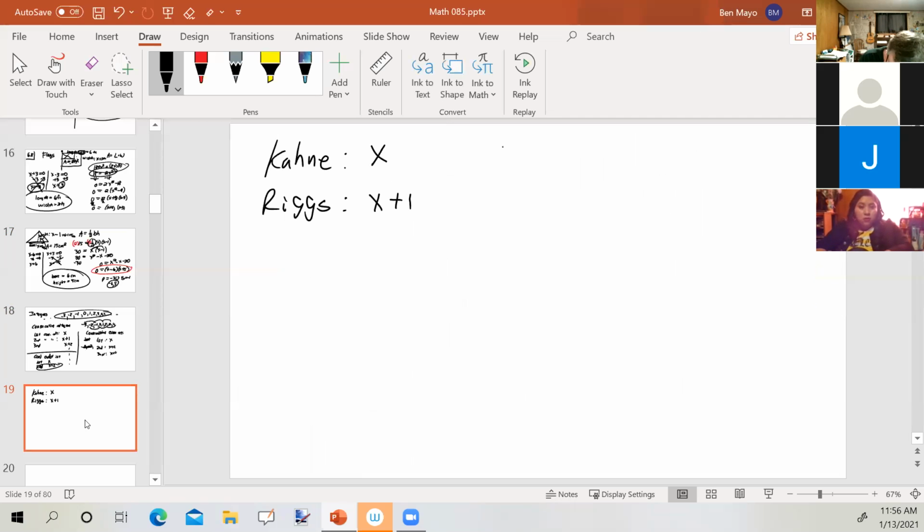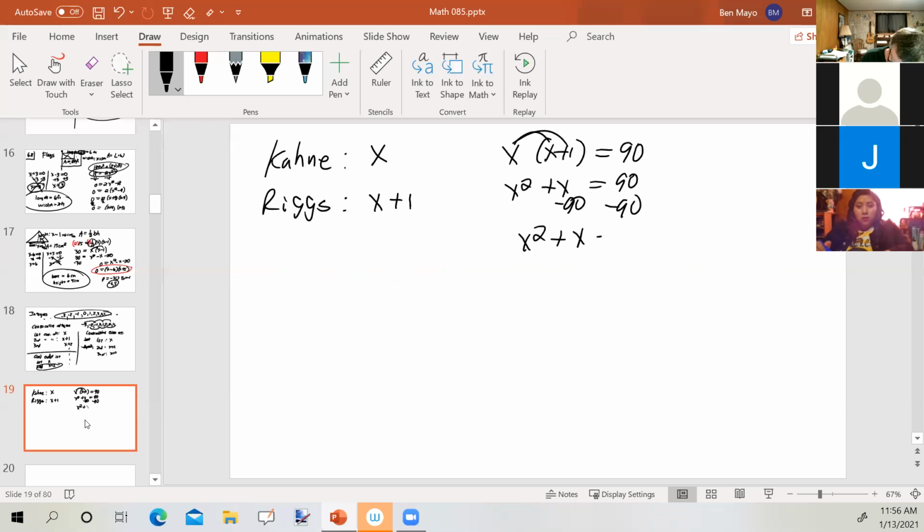So that means X times X plus 1 equals 90. Any questions there? All right. So we get X squared plus X equals 90. We subtract 90 from both sides of the equation. X squared plus X minus 90 equals 0.